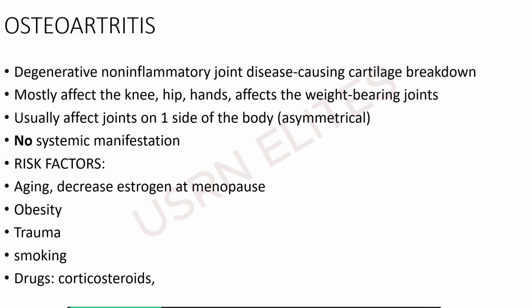One side. So if you see that we're having inflammation on both sides, what will come to mind? Rheumatoid arthritis. But that one is flowing everywhere. So there's no systemic manifestation. And risk factors: aging. So this one affects the aging.